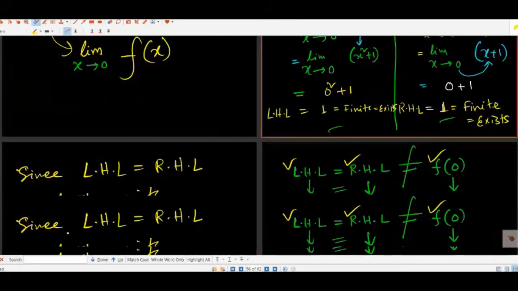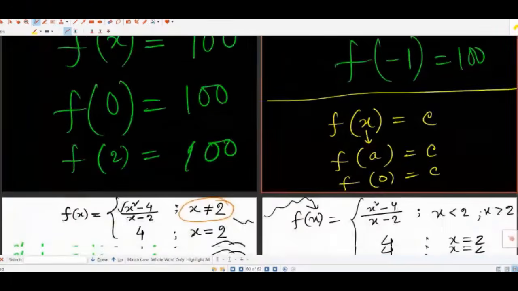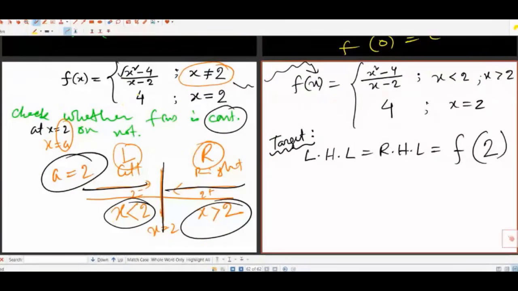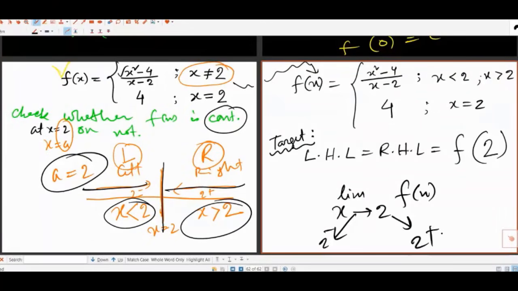Here in the given question, there is no term like limit, but we know that for finding continuity, we have to make the limiting concept first. That's why let's construct limit x tends to 2 of f of x. Then 2 can be 2 negative and 2 positive. So let's try to find.